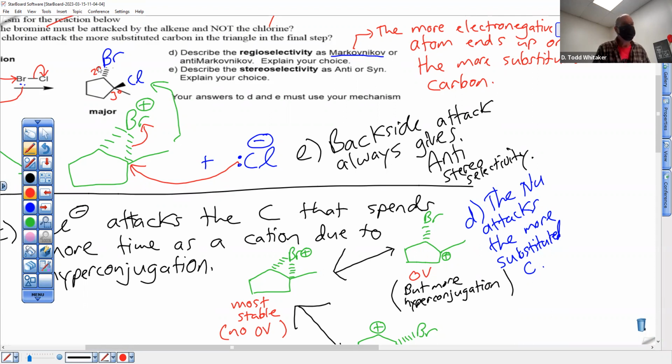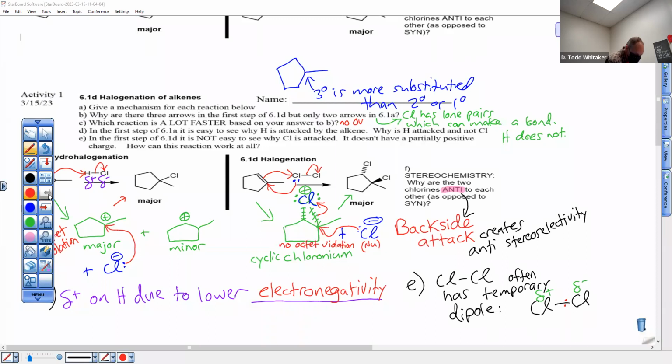We just didn't label it as such at that time. So I'm just going to go back to our previous activity right here. And I want to remind you, there's a new H up here as well. What's more electronegative, H or Cl? Cl, and it's on the more substituted carbon. You would say this is a Markovnikov product, right?